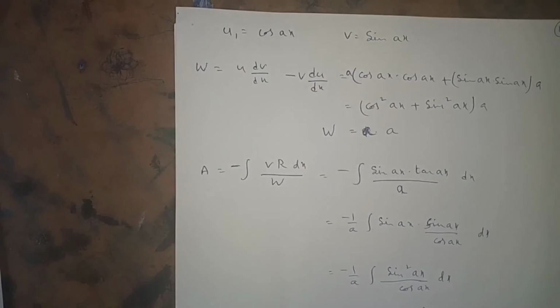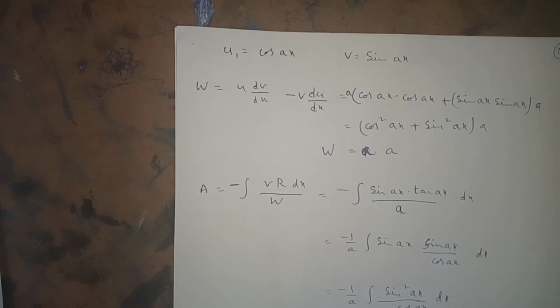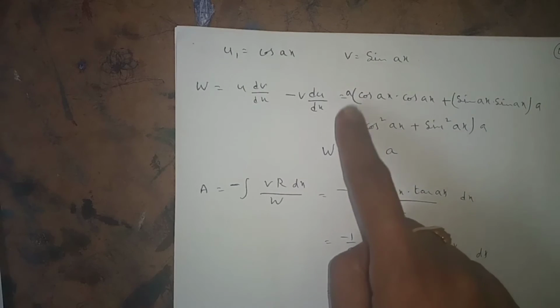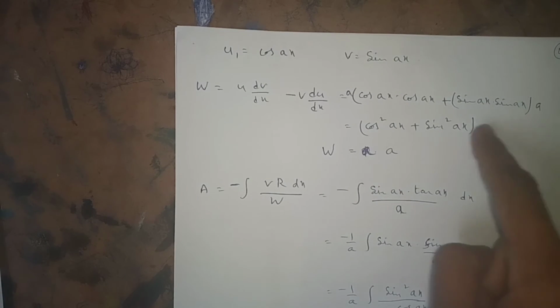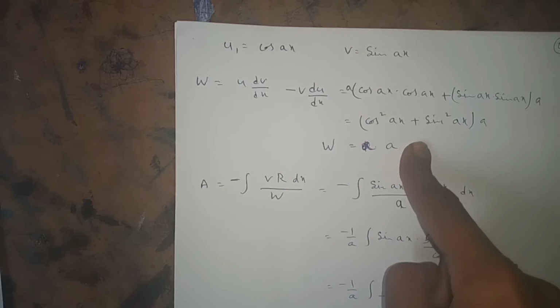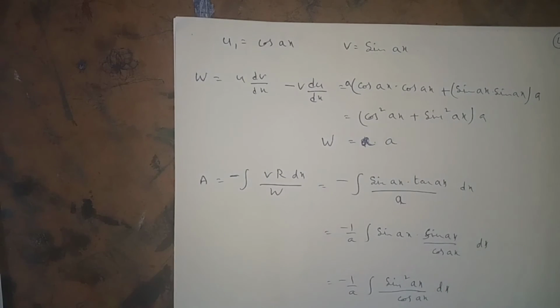Therefore W is equal to, write down the formula, learn it by heart: U into dV by dx minus V into dU by dx. If you substitute the values, cos square ax plus sin square ax into a, that is cos square ax plus sin square ax is 1, 1 into a is a.